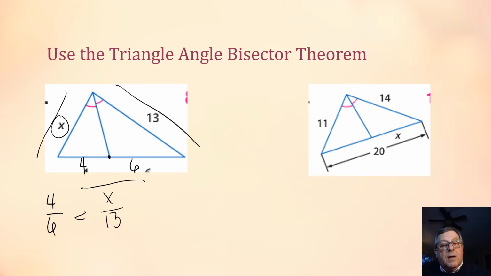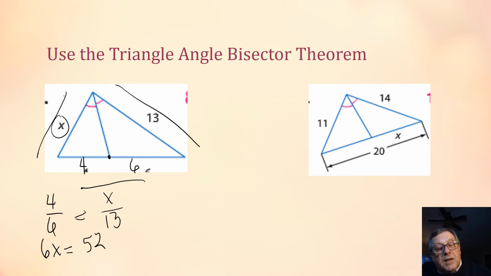Well, now let's solve. We've got 6x equals 4 times 13. 4 times 13 is 52.